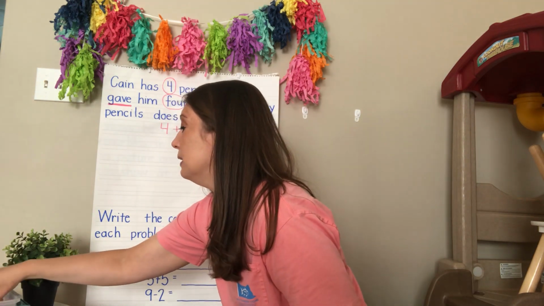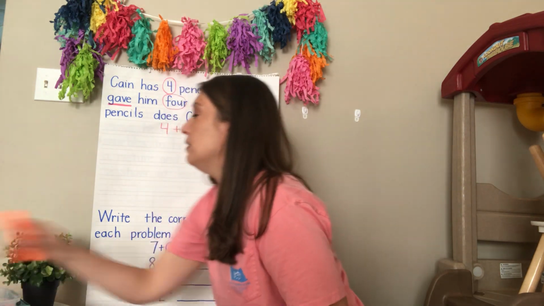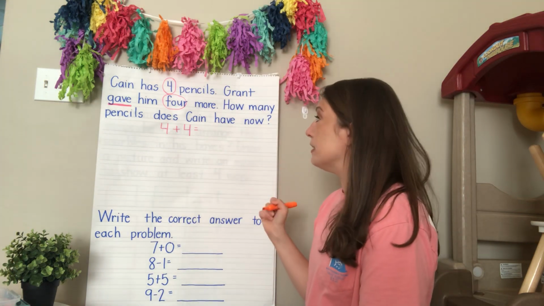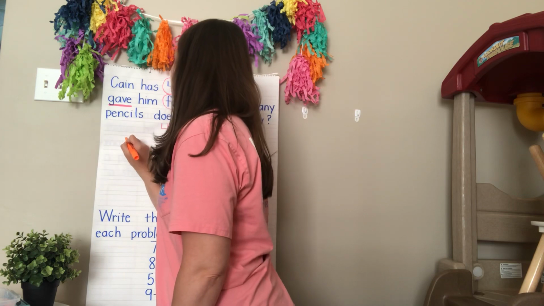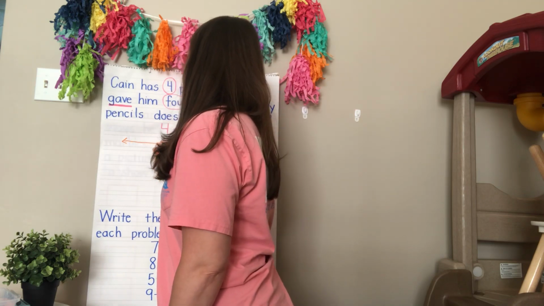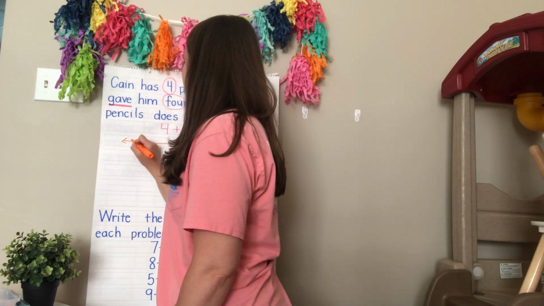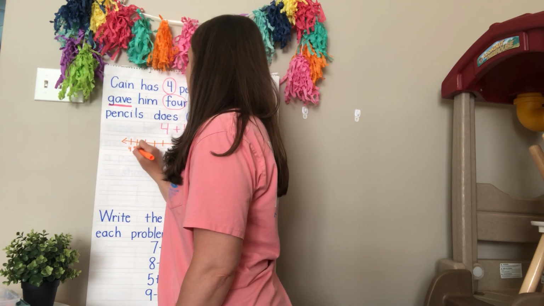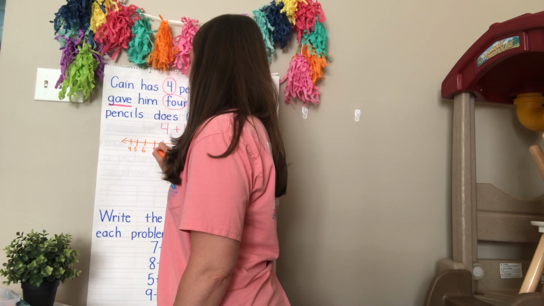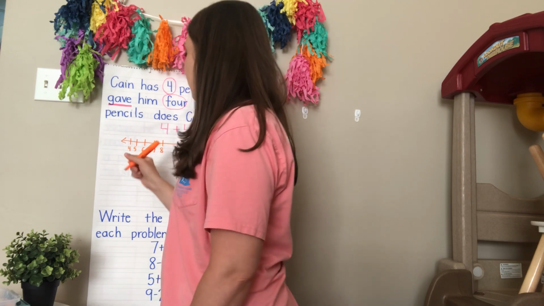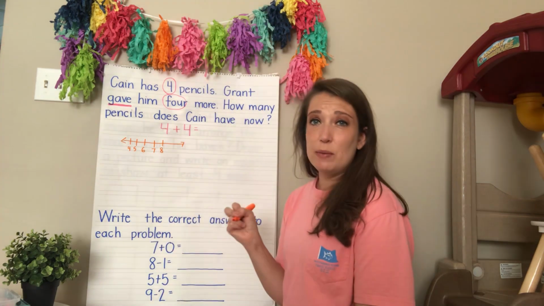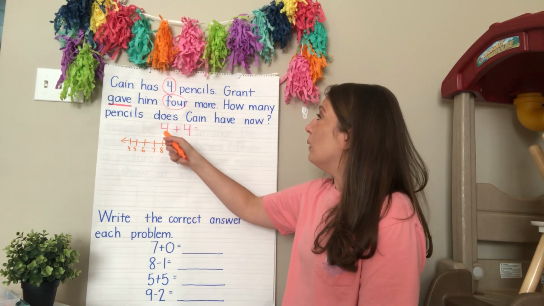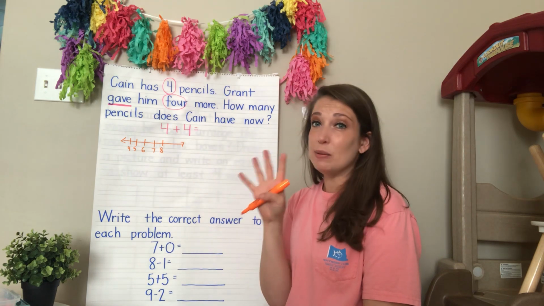Let's see, I'm going to switch, use orange. Okay, so I'm going to show you the first strategy that you can use, which is a number line. All right, so if I draw a number line, I started with the number 4. The reason I started with the number 4 and not the number 1 is because when it says Cain has 4 pencils, that's where we need to start.